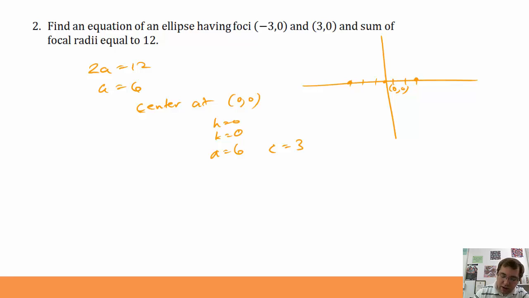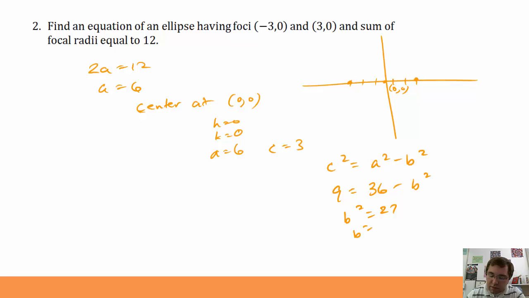So I'm going to use those to find B, knowing that c squared is a squared minus b squared. So 9 equals 36 minus b squared. Okay? So that means b squared must be 27. So what is b? B is square root of 27, which is 3 radical 3.